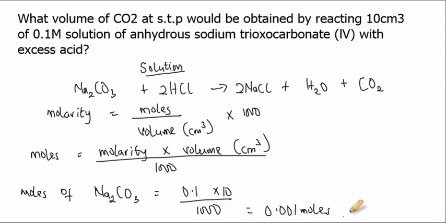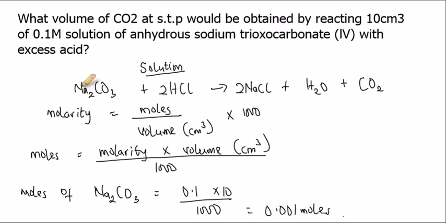According to the stoichiometric equation above, we can conclude that 1 mole of sodium trioxocarbonate 4 will yield 1 mole of carbon dioxide. And if we now have 0.001 moles of sodium trioxocarbonate 4, how many moles of carbon dioxide will be yielded? We can conclude that 0.001 moles of carbon dioxide will be produced as well.